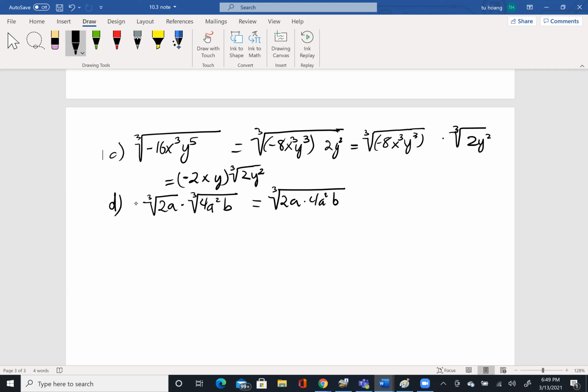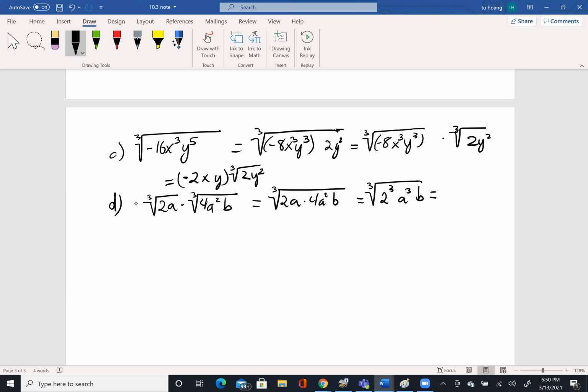Right. So now you can have the cube root of 2 to the power third, or you can write 2 times 4 is 8, and a to the power third and b, right? And now you actually have a perfect cube already.